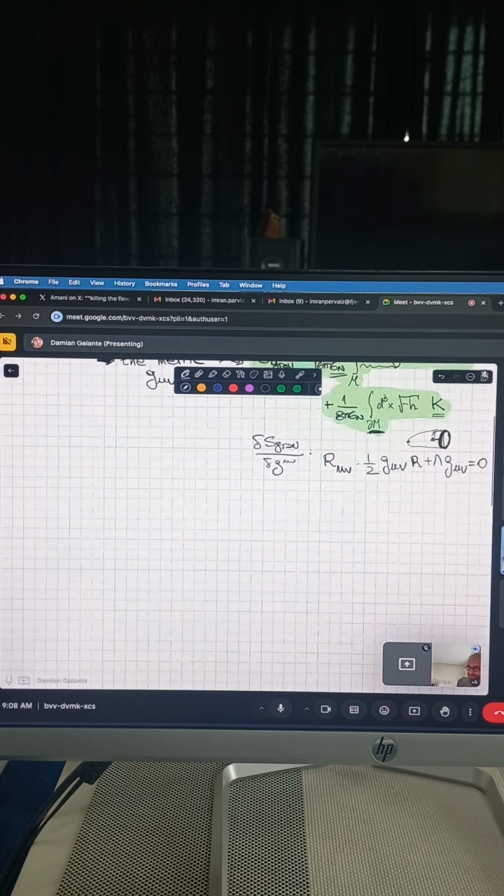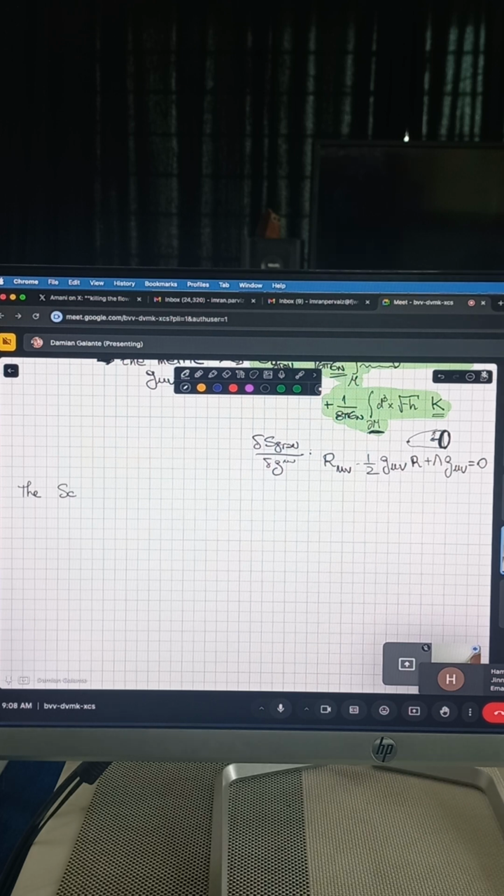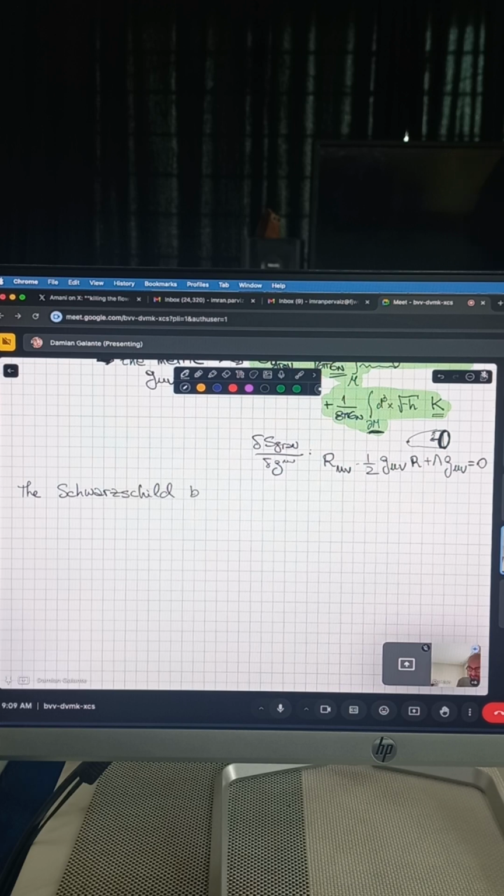So now, what's the area of horizon? We said that one of the solutions to the theory of general relativity at the classical level is the Schwarzschild black hole metric.